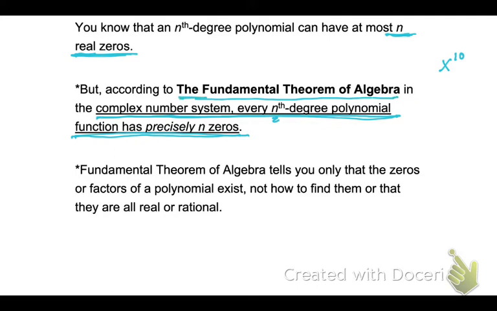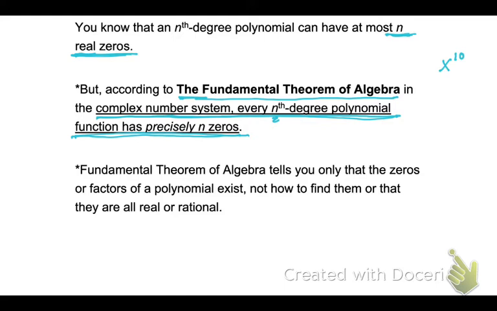The fundamental theorem of algebra says that under the complex number system, every nth degree polynomial function has precisely n zeros. Every one. But they didn't say they were real. Just the bottom part's a side note for me: the fundamental theorem of algebra tells you that the zeros exist.